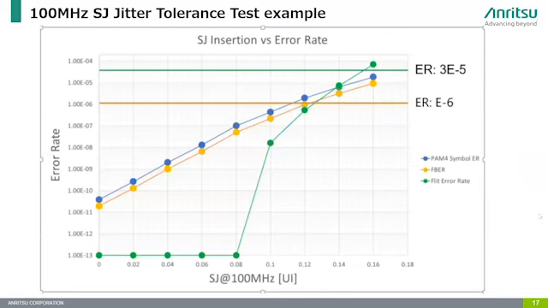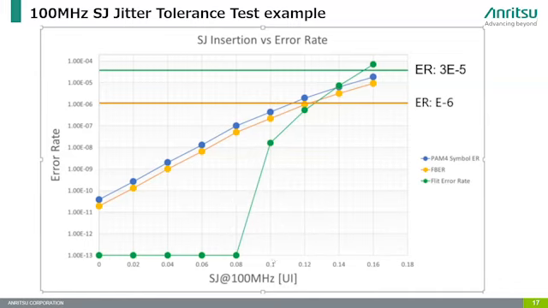This is another example of jitter tolerance. Now, PCI Gen 6 uses FBER. You can see the blue line is the PAM4 symbol error, and yellow is FBER. Then flit error rate, so correctable and uncorrectable errors, and increasing sinusoidal jitter of 100 megahertz up to 80 milli UI, all errors are correctable.